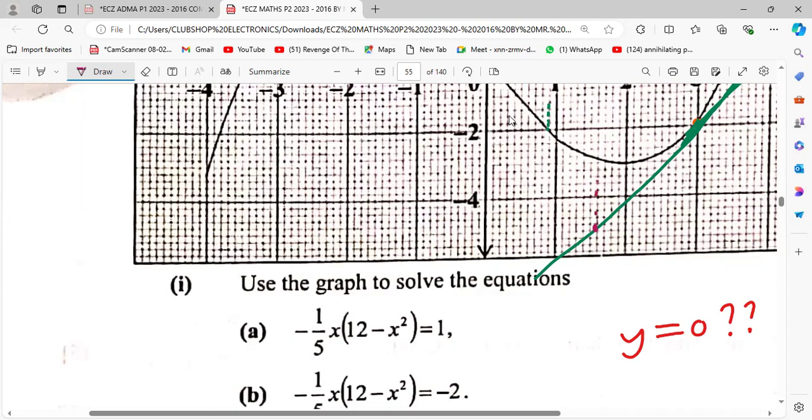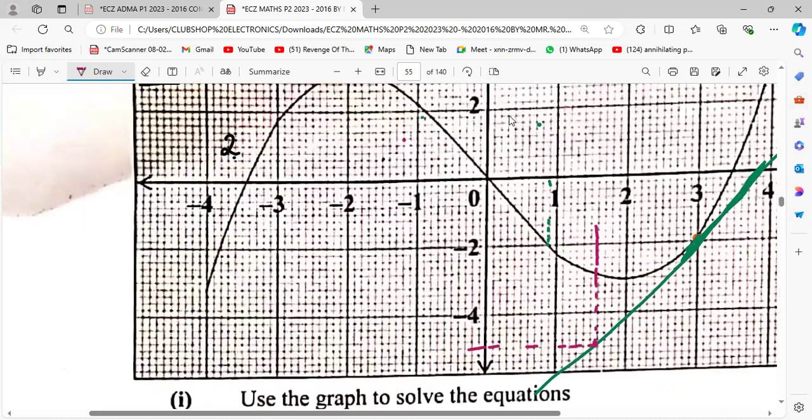So you must check here the value of x. Then equally this side, you must check for the value of y. So if we check for the value of x, what are we getting at this point? What are we getting?